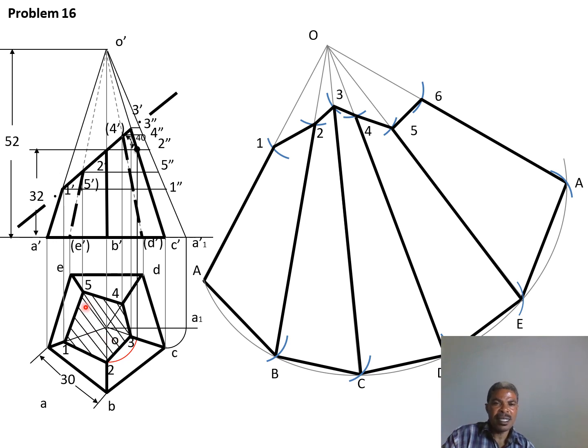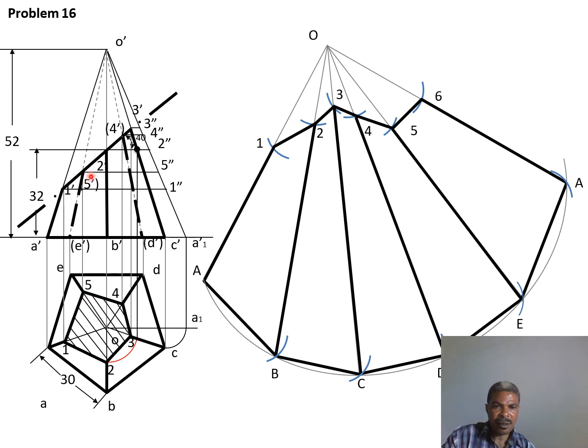And these lines, if they are projected, these points here, if a truncation line is somewhere here, after you have drawn it very correctly, you need now to project them back.